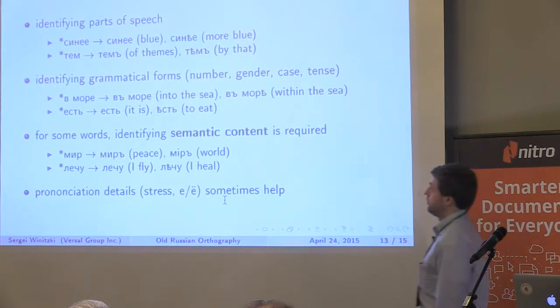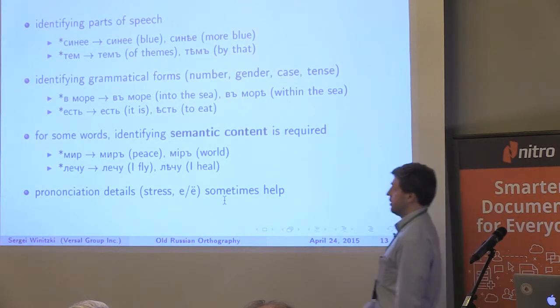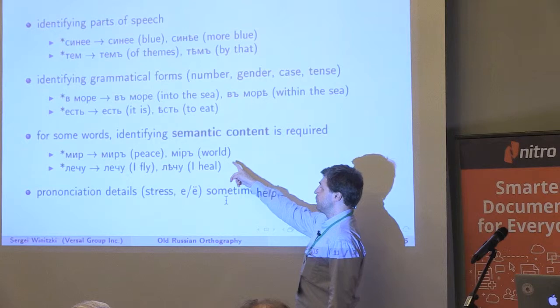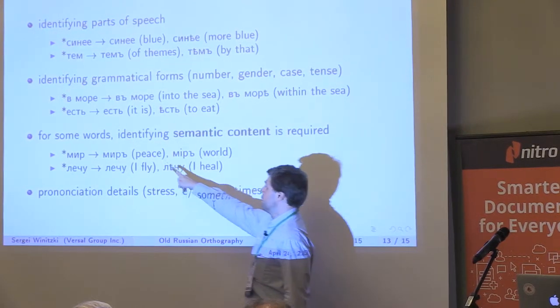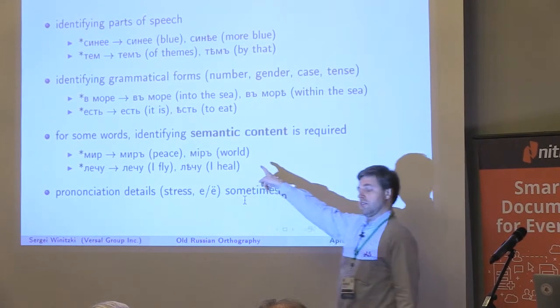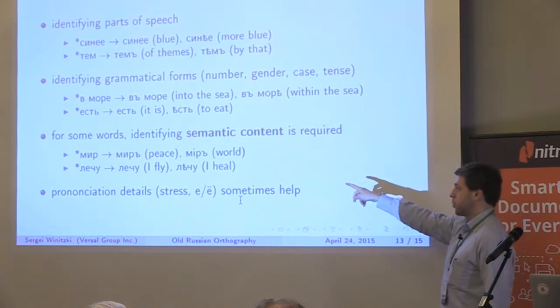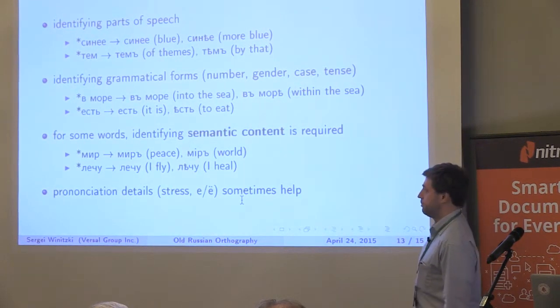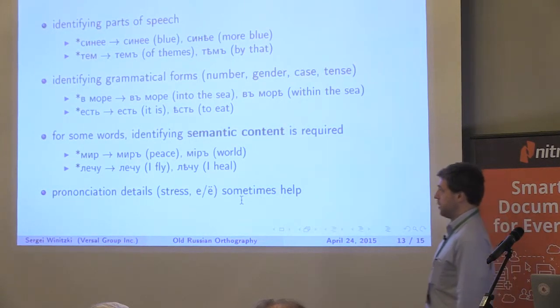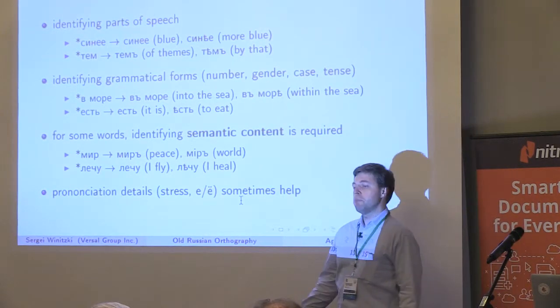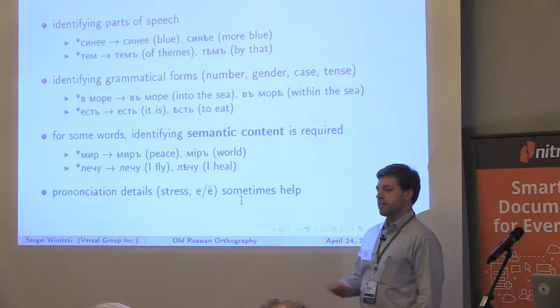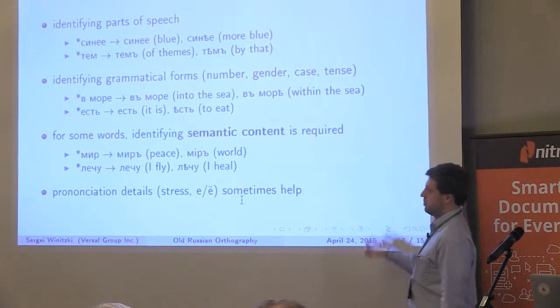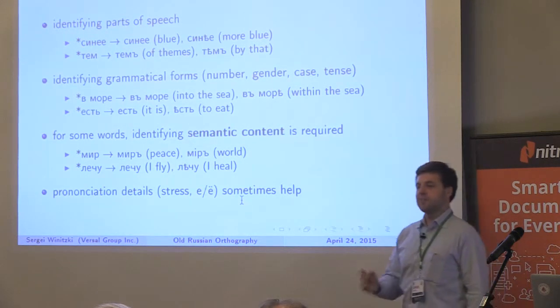In other cases, it's even more difficult because you have to understand the meaning of the word. For example, the word for peace and for the world has become a homonym. This is the same part of speech, and it's not possible to disambiguate unless you know what the sentence is about.